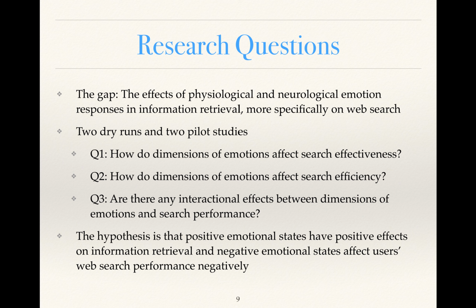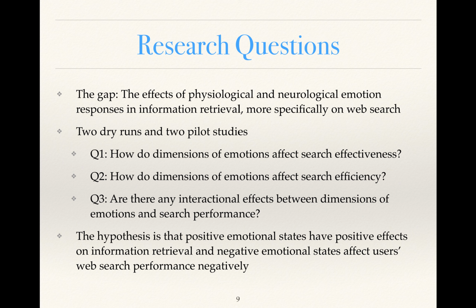For the purpose of my study, I've already conducted 2 dry runs and 2 pilot studies. I've also collected all the data for my main study. Some of the questions I'm trying to find the answer to from the physiological as well as the neurophysiological perspective are how these dimensions of emotions impact search effectiveness and search efficiency, and whether there is an interaction between the two.